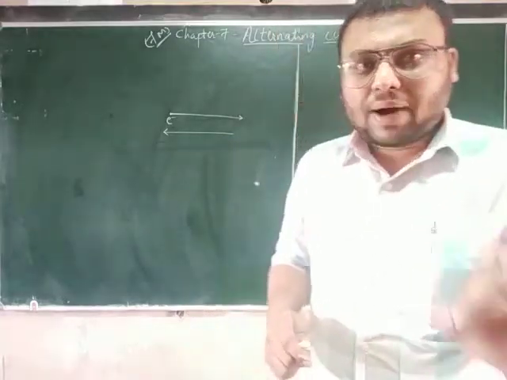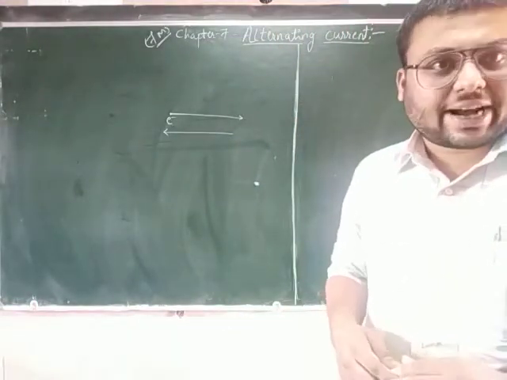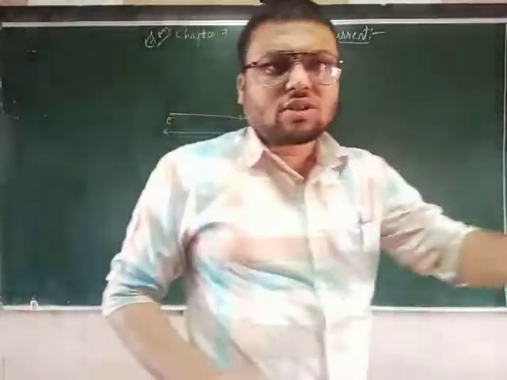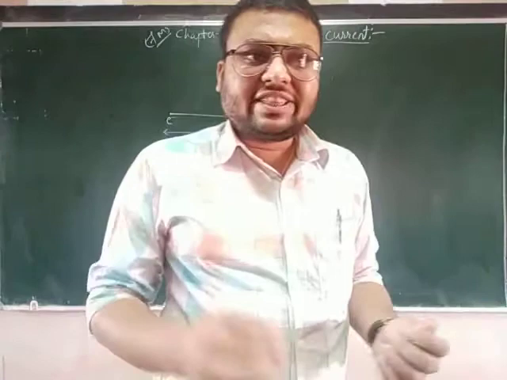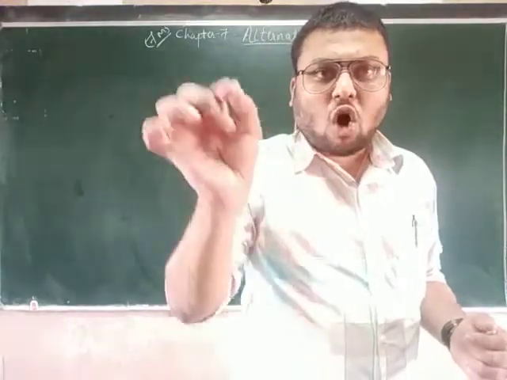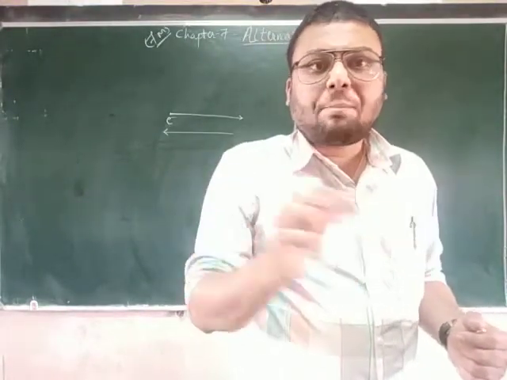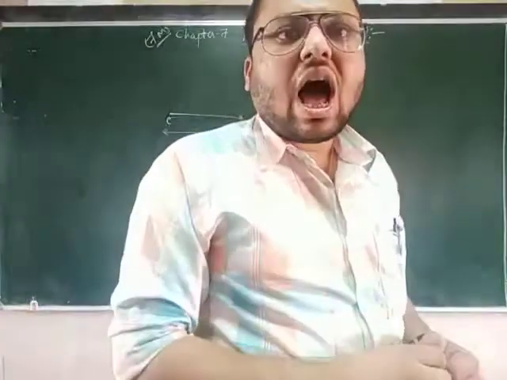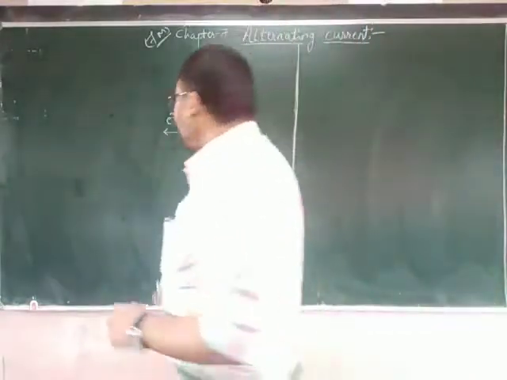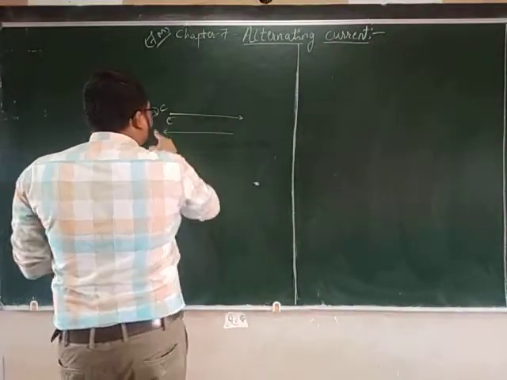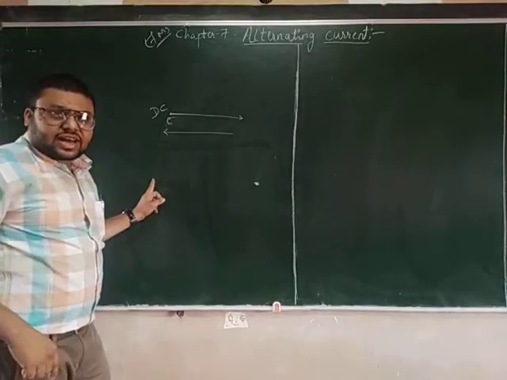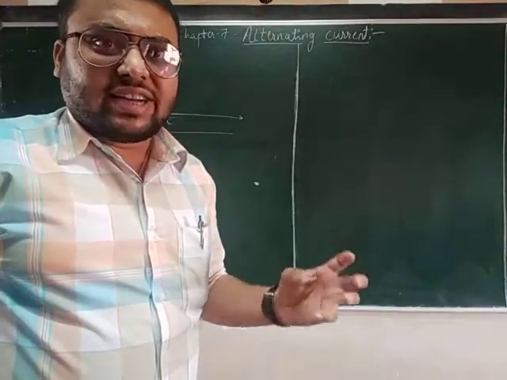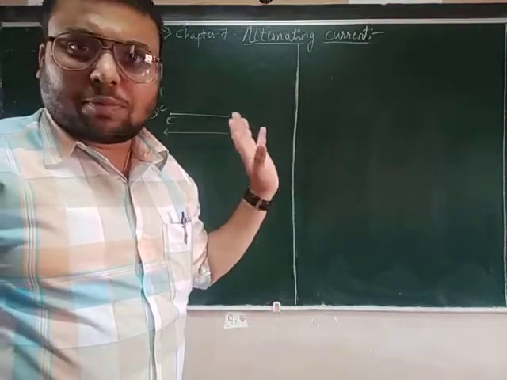But in the case of alternating current, look here, the electron is not going to move along the same direction. Instead, the electron is going to oscillate simple harmonically. In the case of DC, the electron moves in one particular direction, so we get unidirectional current, that means one directional current throughout the process.